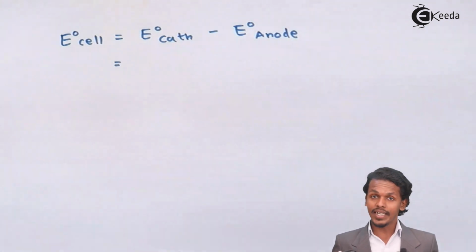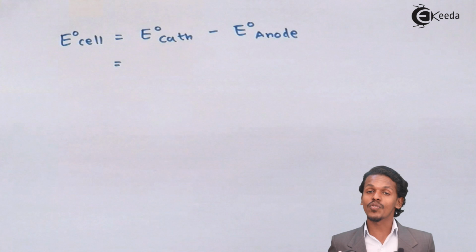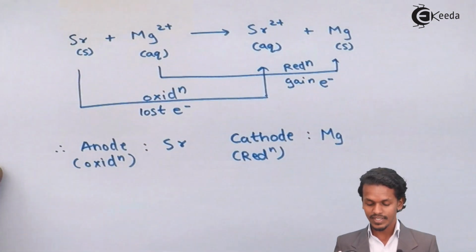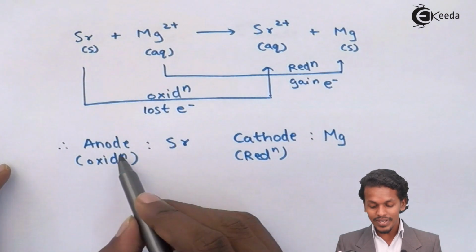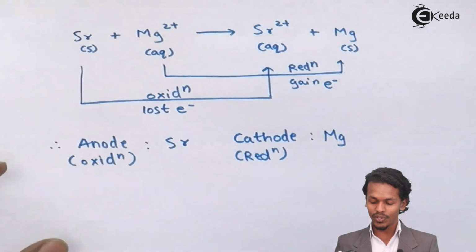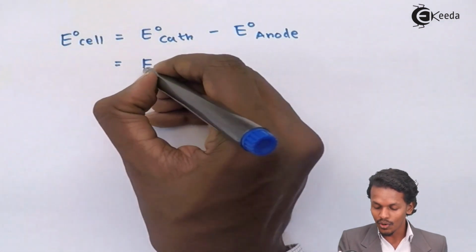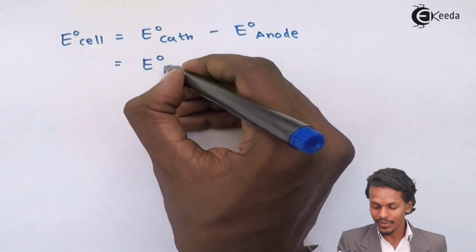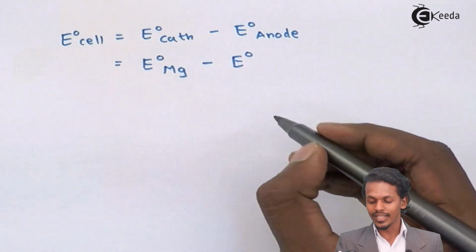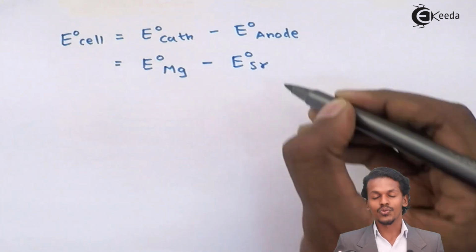We have just estimated which one is acting as a cathode and which as an anode. In this case, strontium is acting as an anode while magnesium is acting as a cathode. So E naught of cathode will be for magnesium, while E naught of anode will be for strontium.